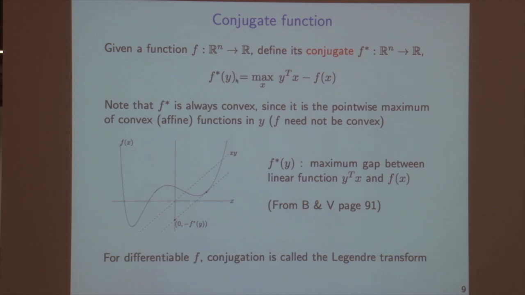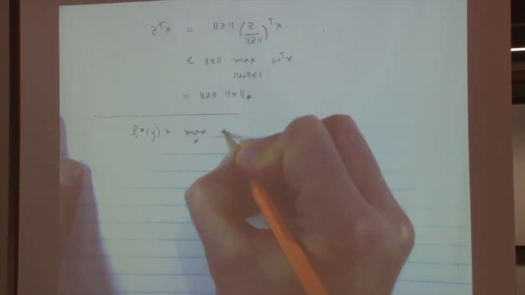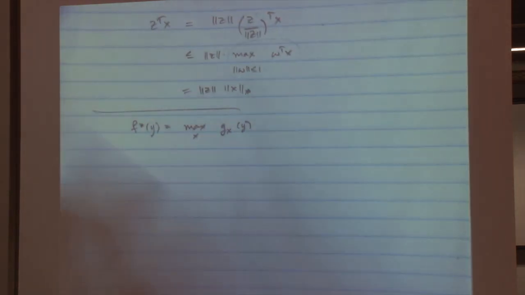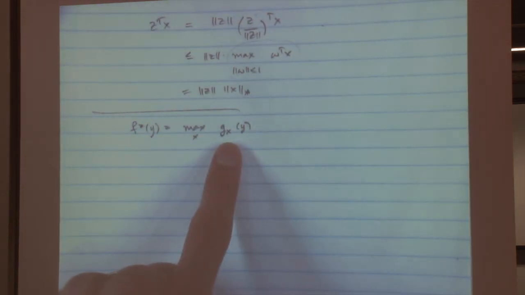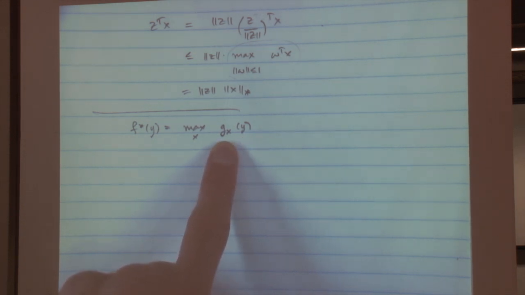First thing to notice, this is always a convex function. Why is that true? Well, what do these look like as functions of y? We can write the conjugate as f star of y equals the maximum over all x of some function g of y indexed by x.